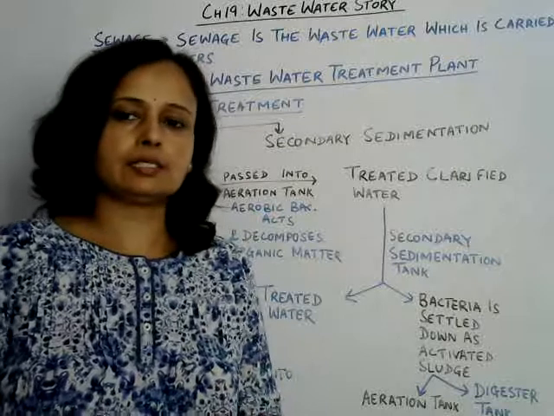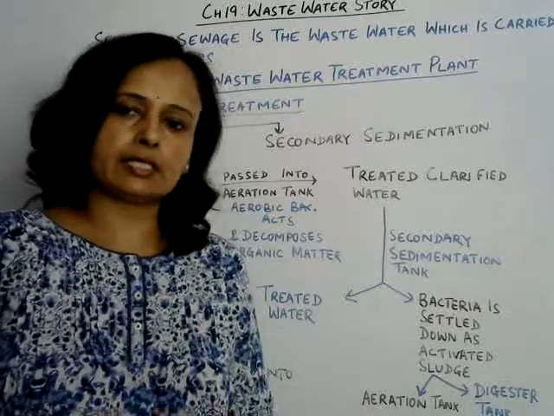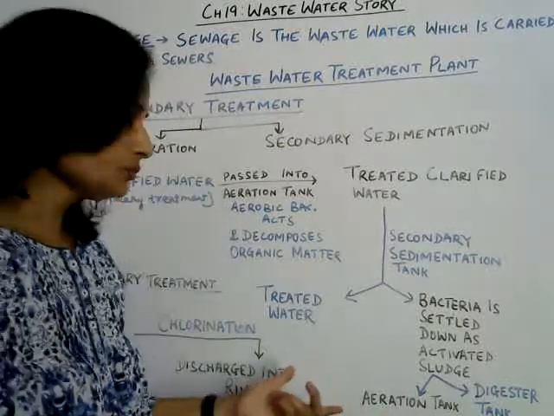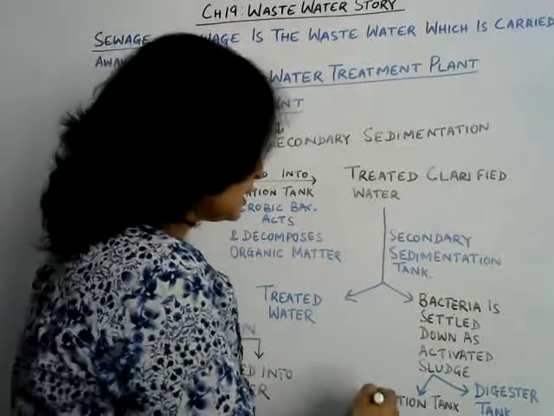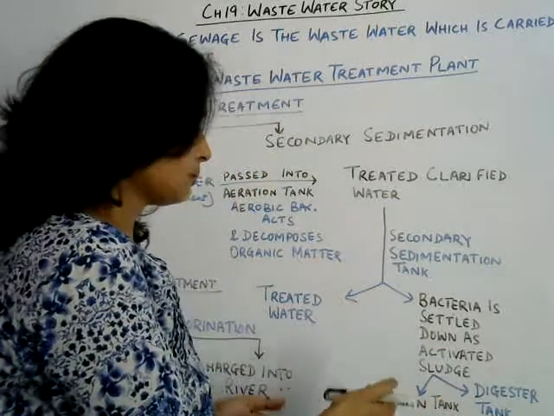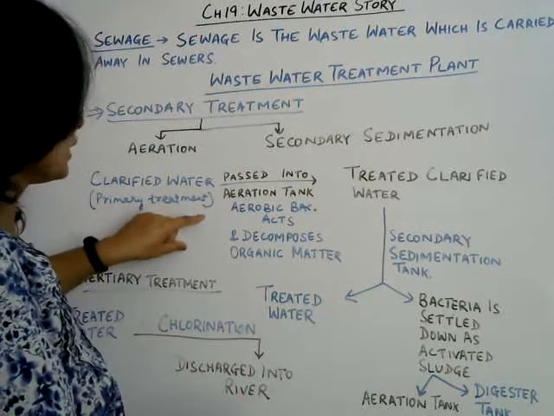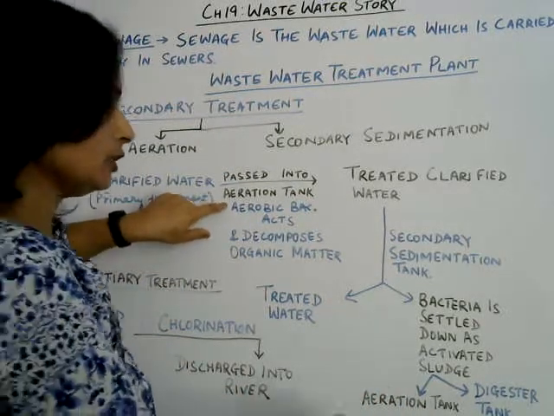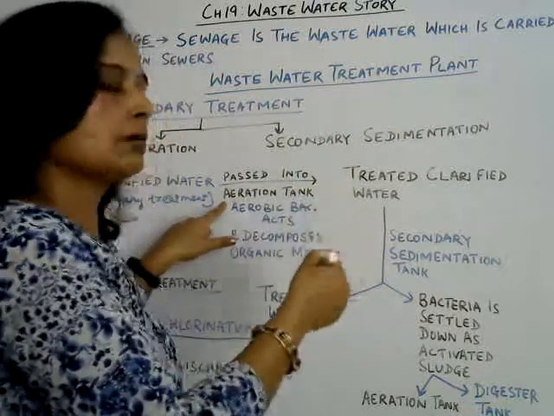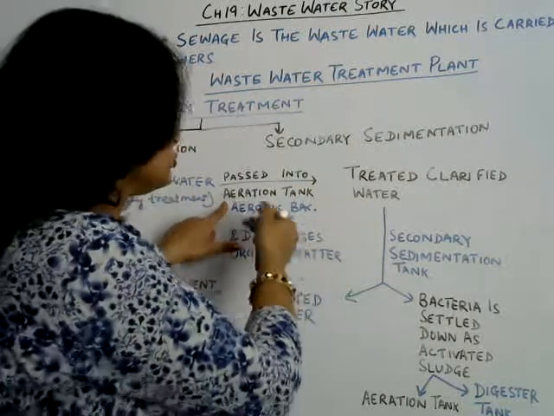This sludge, which carries the aerobic bacteria, is then supplied back to the aeration tank, in order to increase the number of bacteria so they reproduce more and more.